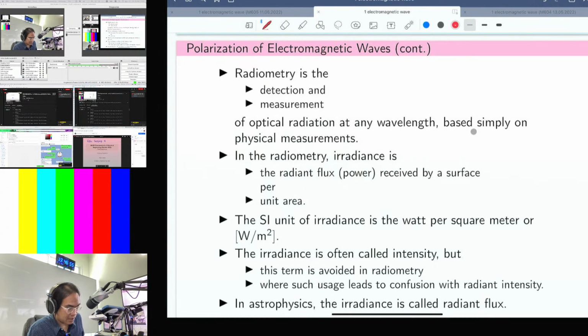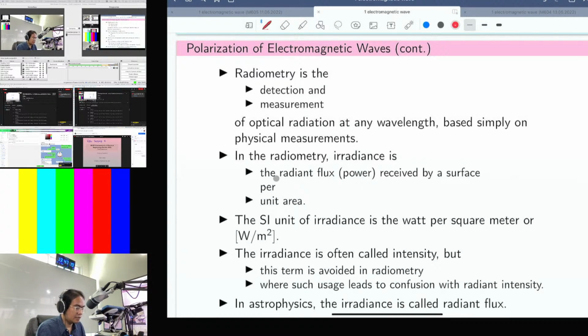It's based simply on physical measurement. This is a research area many people are interested in. And in radiometry, there is a word called irradiance.